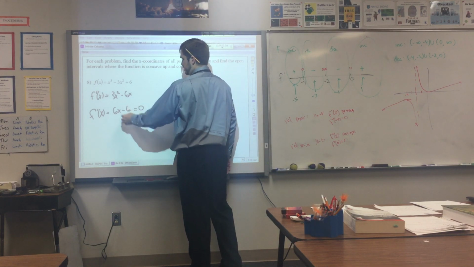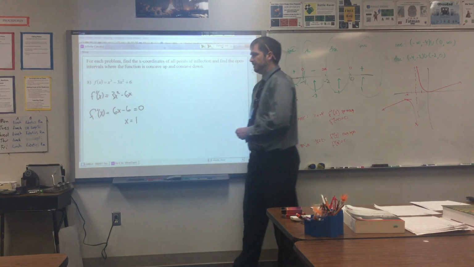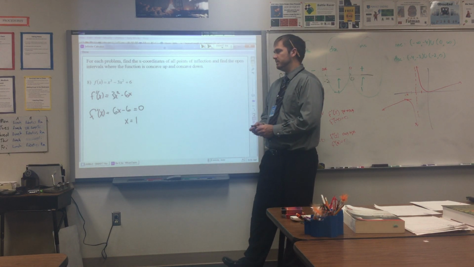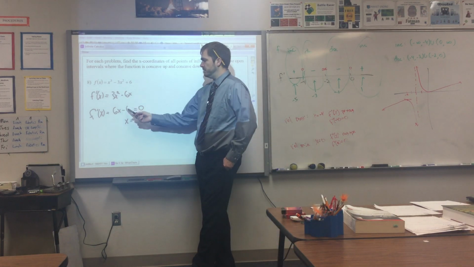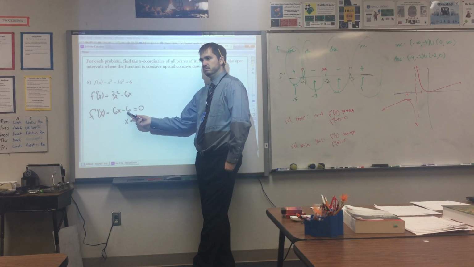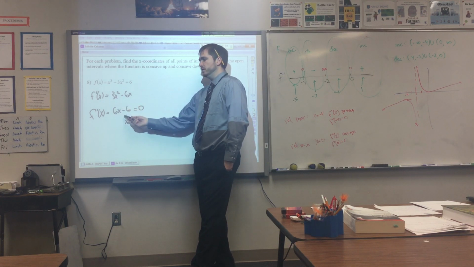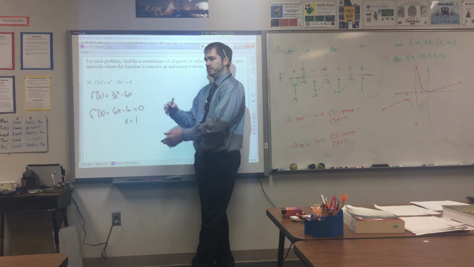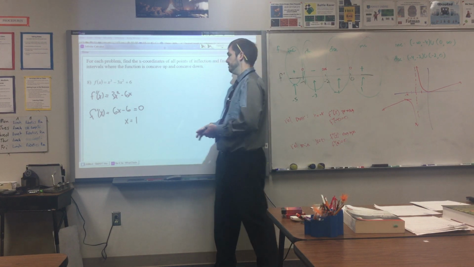Add 6 to both sides, divide both sides by 6, and we get x equals 1. So that's the location where the second derivative equals 0. Are there any locations where the second derivative would not exist? No. The only time you get stuff that doesn't exist is when you have a rational function, something over something else, that can get to 0 in the denominator.